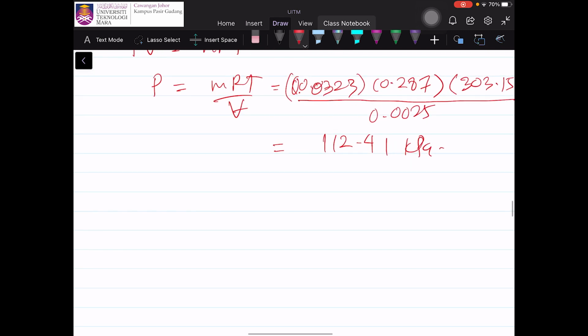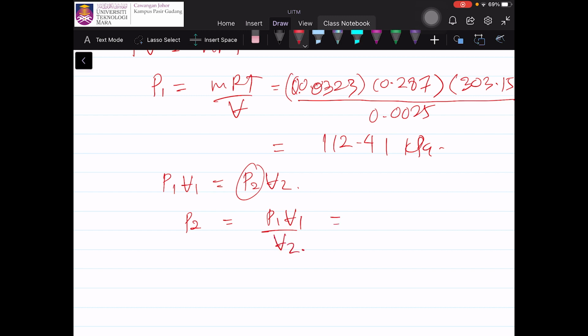Besides, after you get the first P1 here, you turn on the compressor, so the pressure will increase and the volume will be reduced. You can relate using Boyle's law, P1 V1 equal to P2 V2, to get the theoretical pressure P2. Rearrange: P2 equal to P1 V1 over V2.